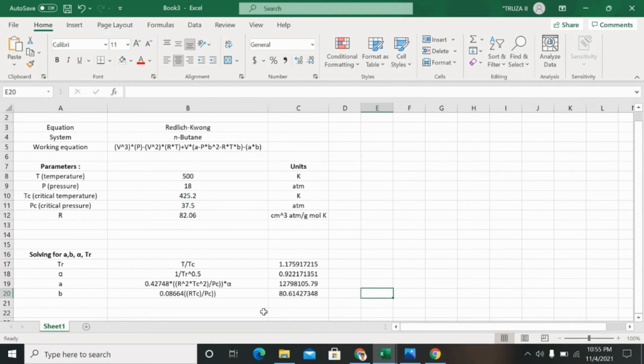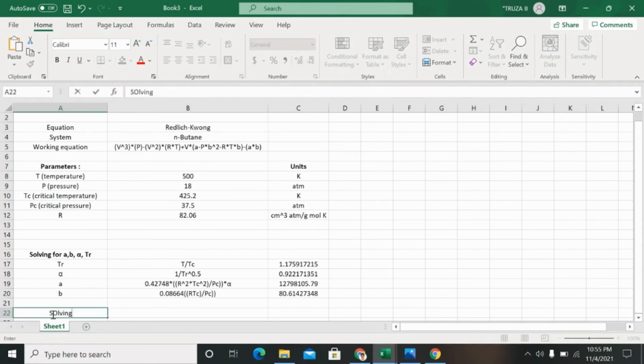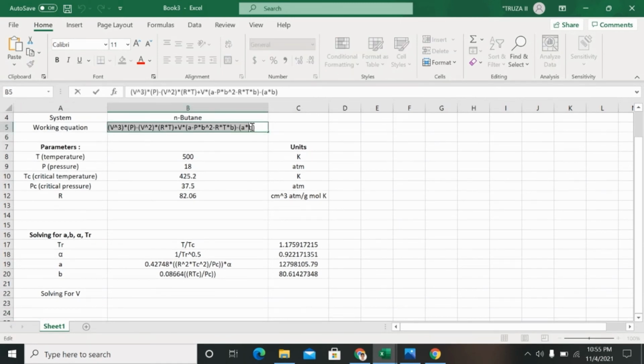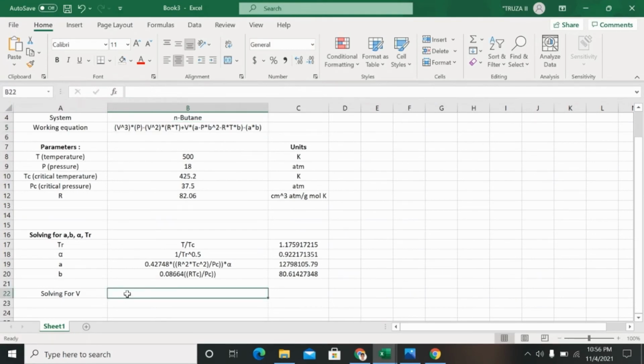So now we can solve for V. Solving for V, we have this working equation, Control C, we have this.